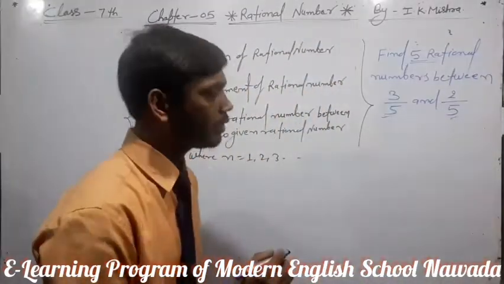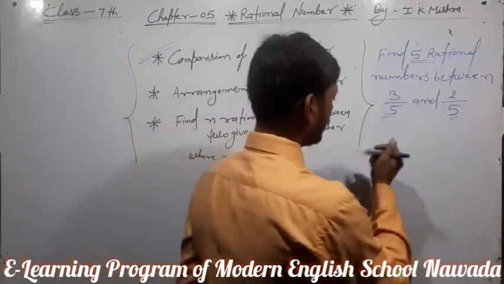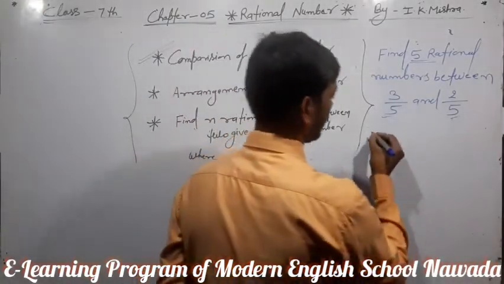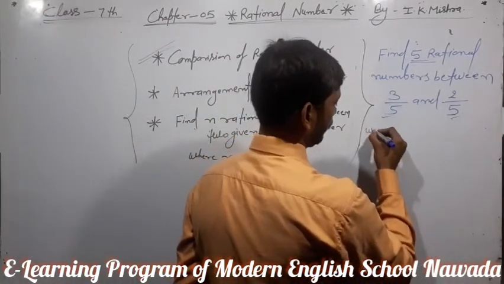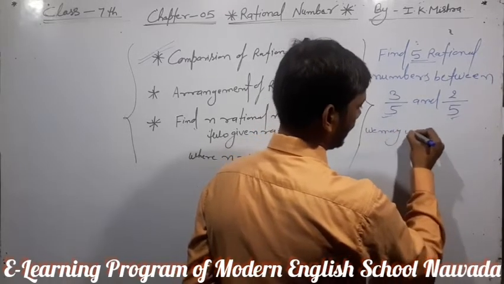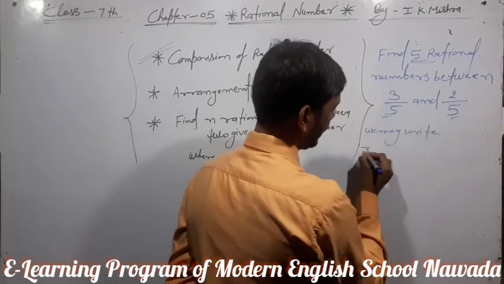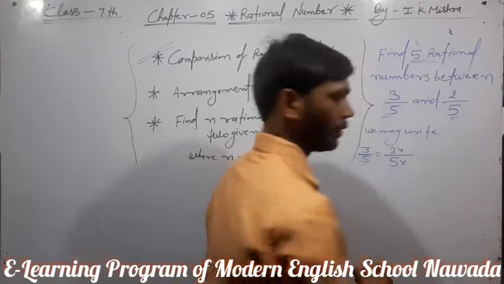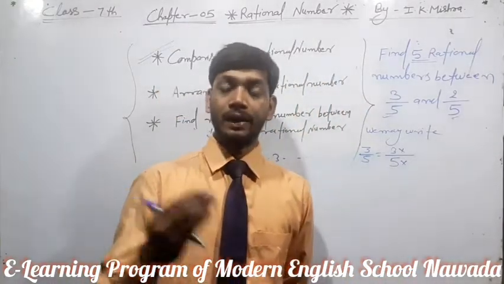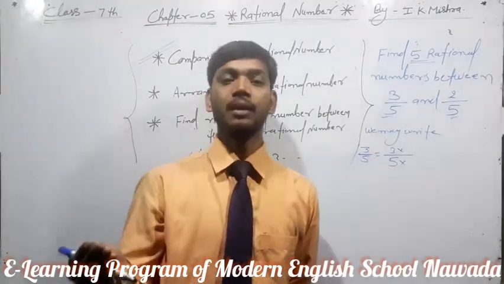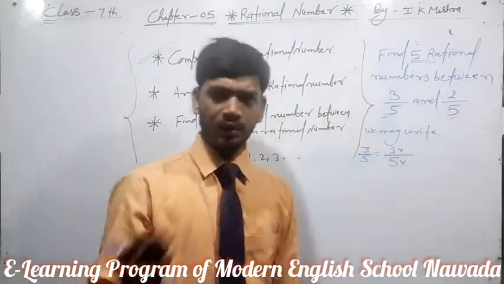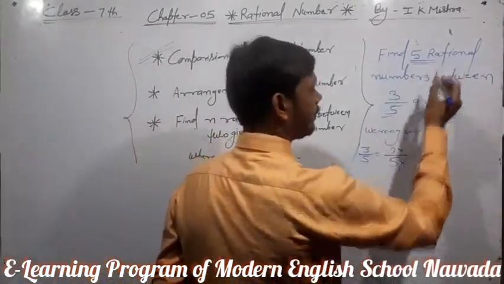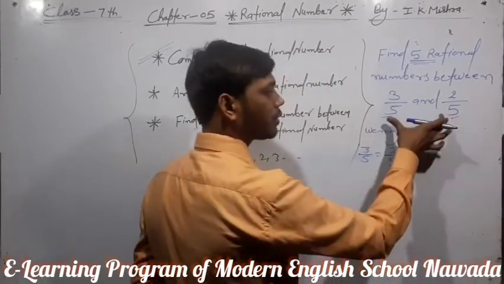That means first of all we write 3 by 5 as an equivalent rational number, multiplying its numerator and denominator by the same number. So when you have to find 5 rational numbers, first make both denominators the same.